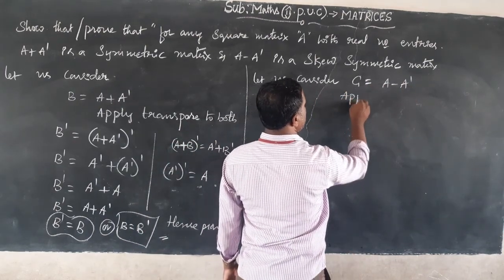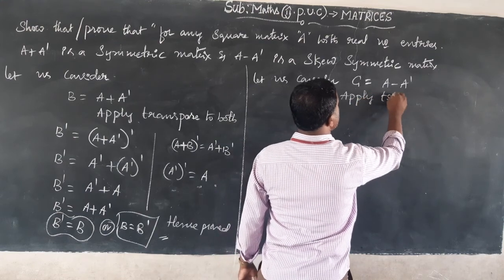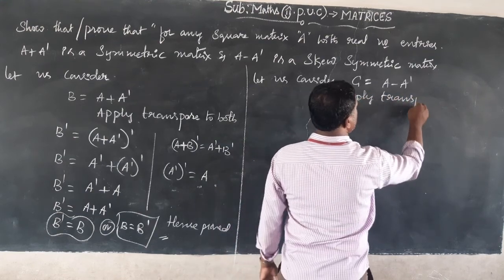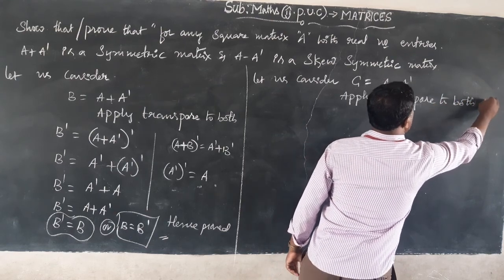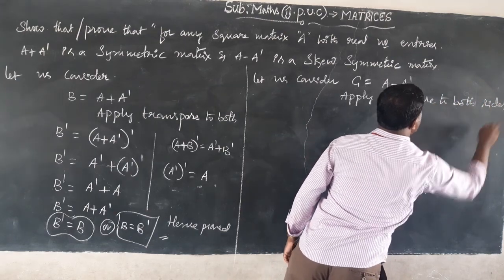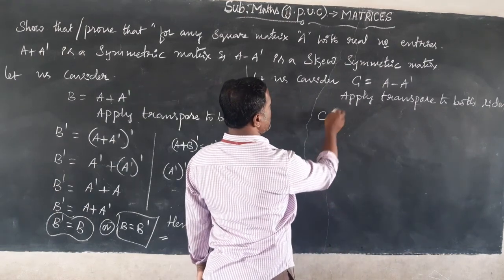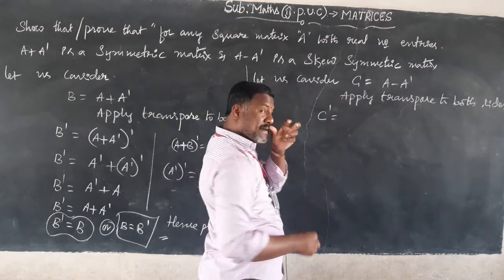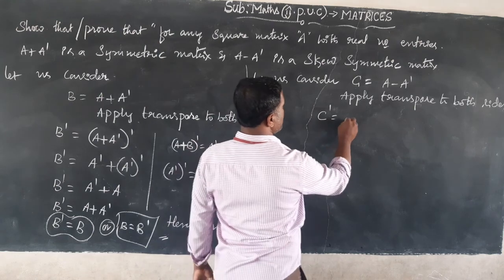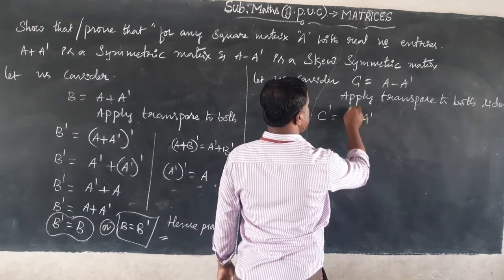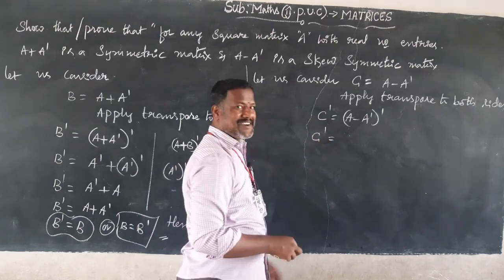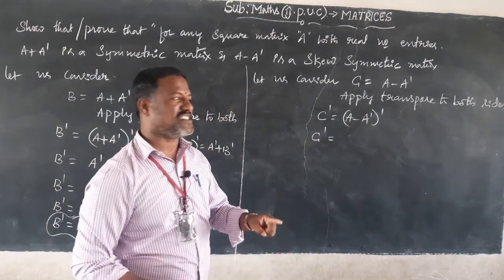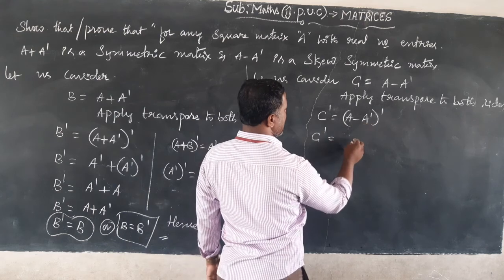Apply transpose to both sides. Apply transpose on both sides. What happened? C transpose is C dash, A minus A dash whole dash. According to the property of transpose, we can write this as dash.